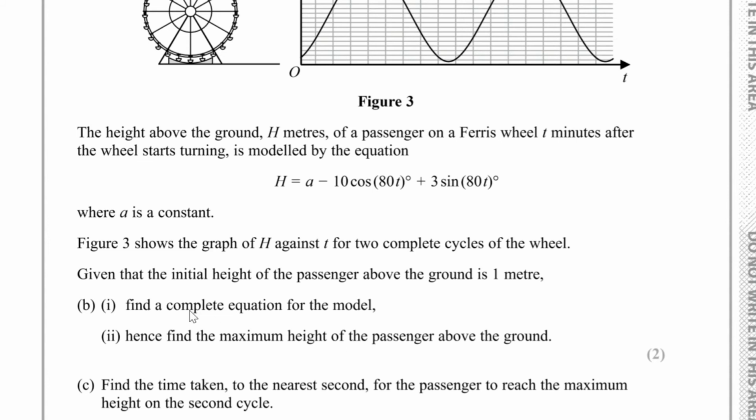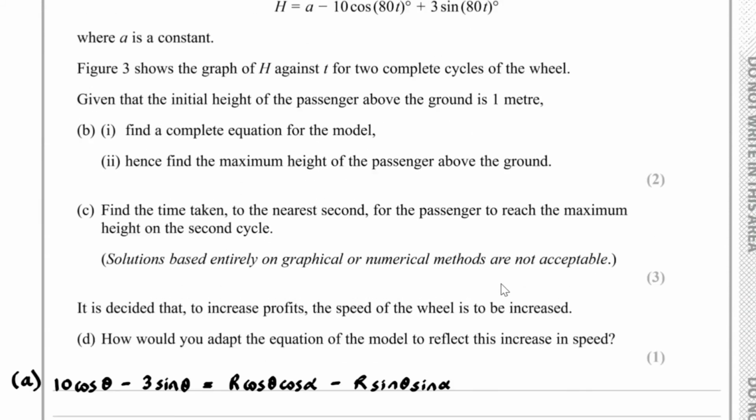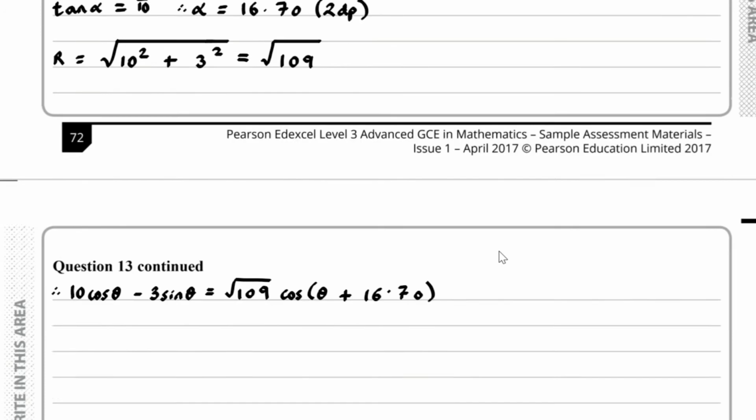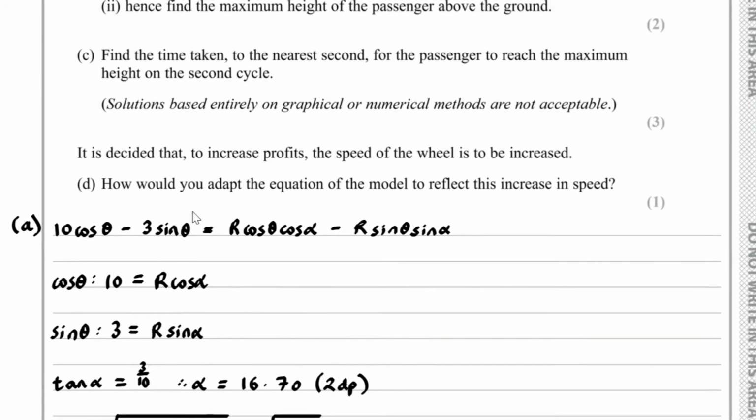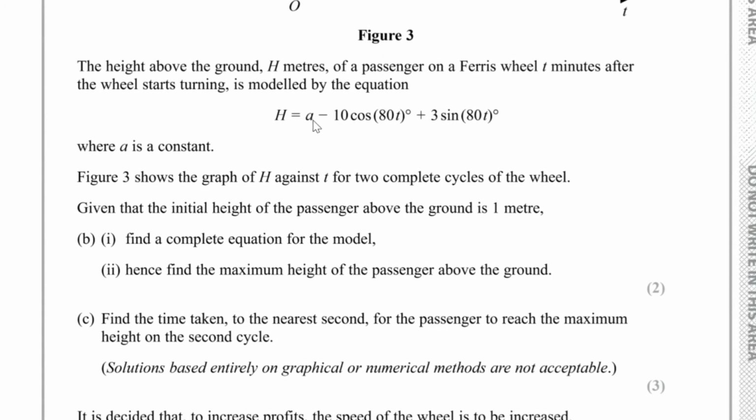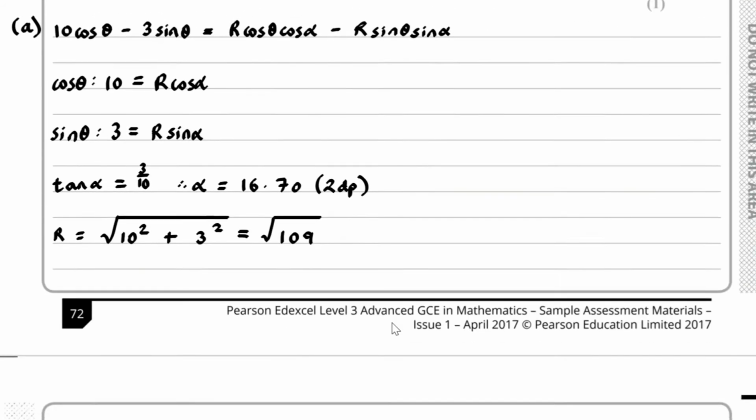So, we're given that the initial height is 1 meter above the ground. So what that means, when t equals 0, h equals 1, and what we need to do is find out the value of a. So if I use the equation given here, we're going to have the cosine of 0 and the sine of 0 over there.